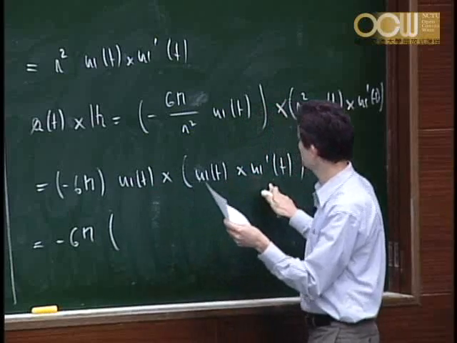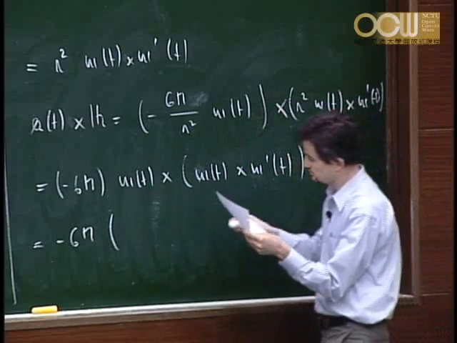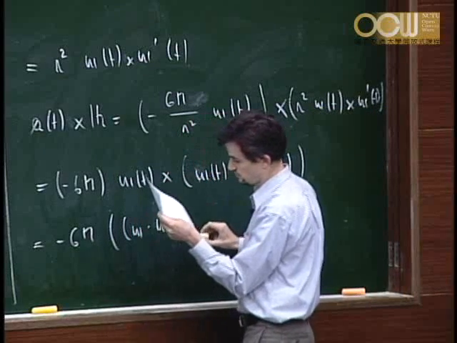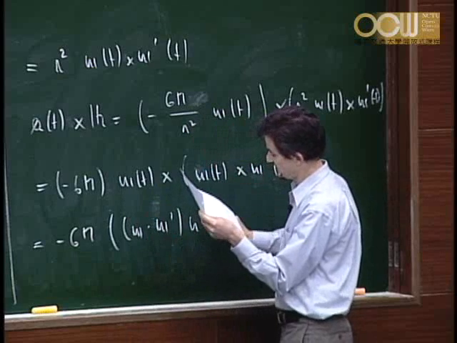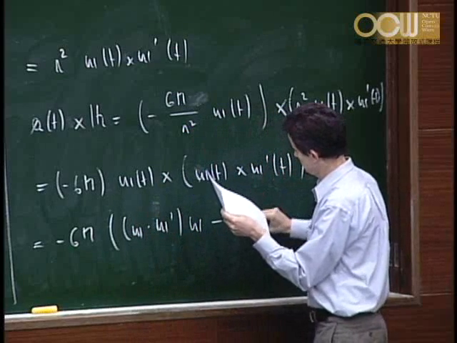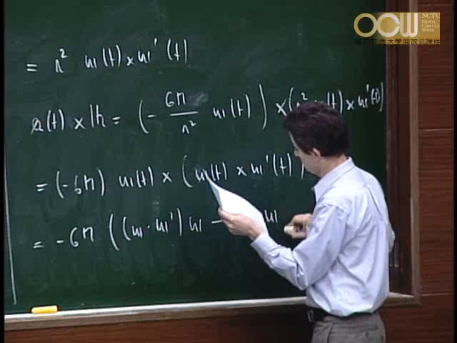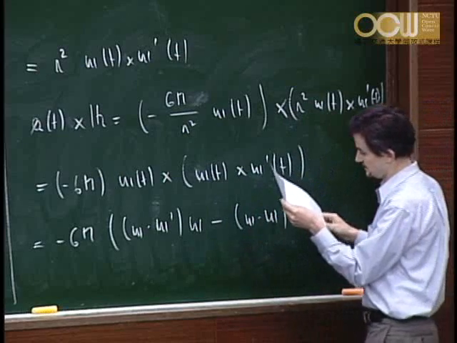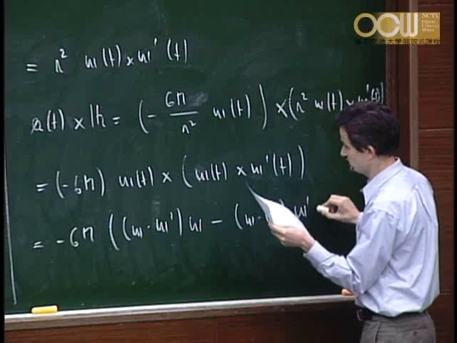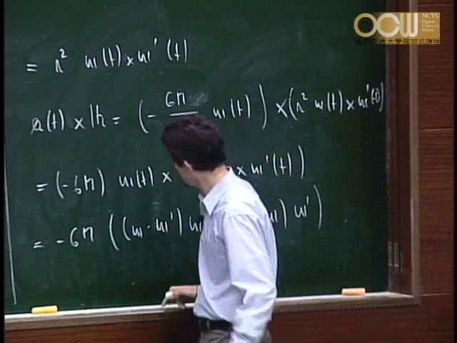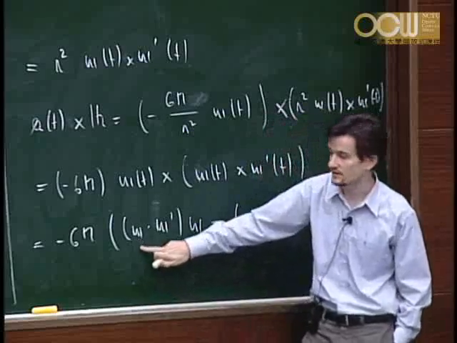You have three vectors, and always the cross product of u times the derivative of u, and so this is a scalar product with u, minus u times u, and then the scalar product with the derivative of u. But you see that because u is a unit vector.